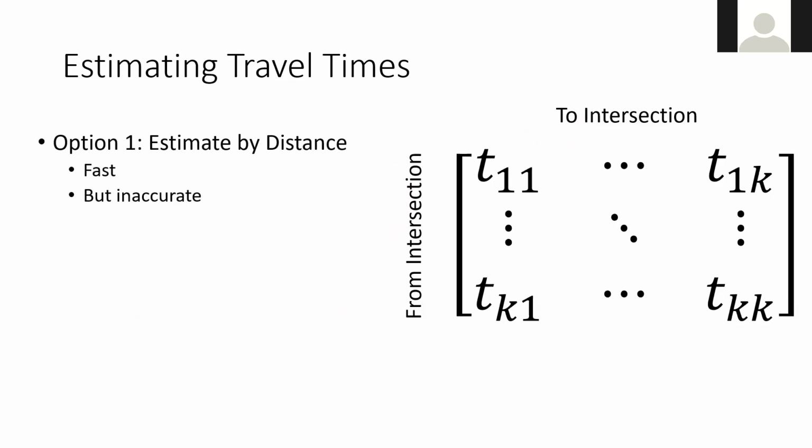Option one is really fast but inaccurate: just calculate the Euclidean distance using the square root of x squared plus y squared. That's inaccurate. So the better option is to use the exact path. It's slow, which is why we'll need pre-compute.